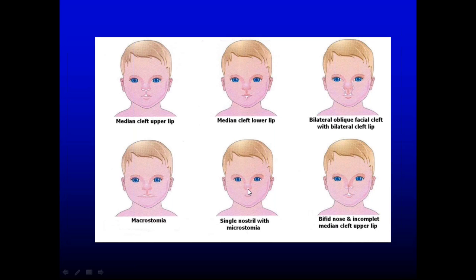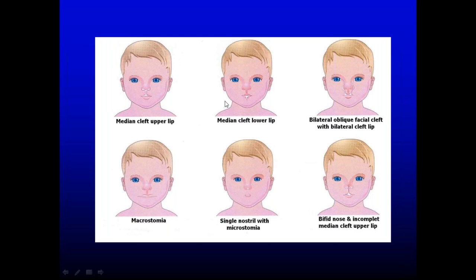Microstomia with single nostril, when the nasal septum fails to develop. Microstomia is small mouth, small opening of the mouth. Bifid nose, when the two right and left nasal halves do not fuse with each other, there appears a gap along with the gap in the upper lip, leading to the median cleft upper lip and bifid nose.